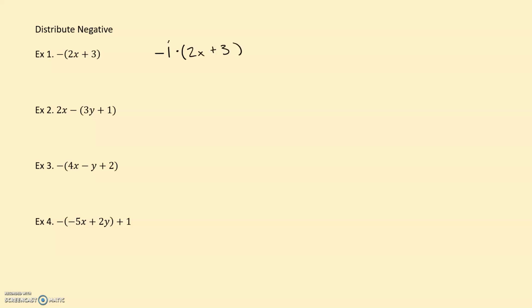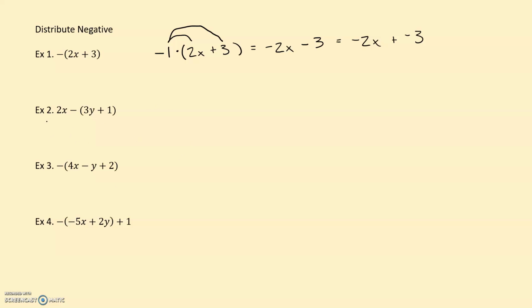And now we want to distribute that -1. So -1 times 2x is -2x. And then -1 times 3 is -3. You could also write this as -2x plus a -3. Those are the same. Okay.